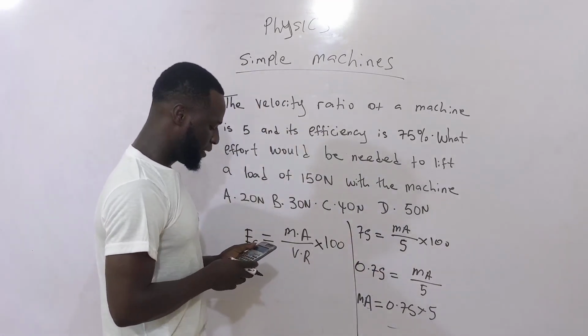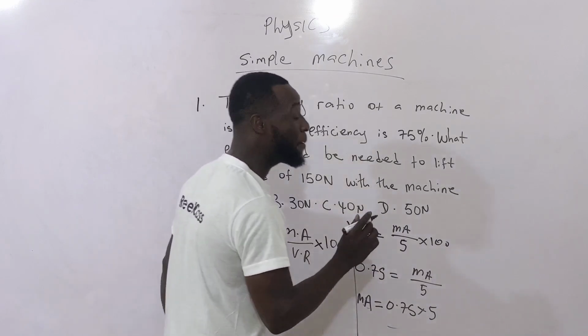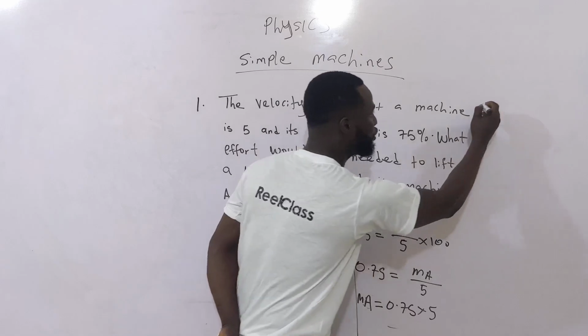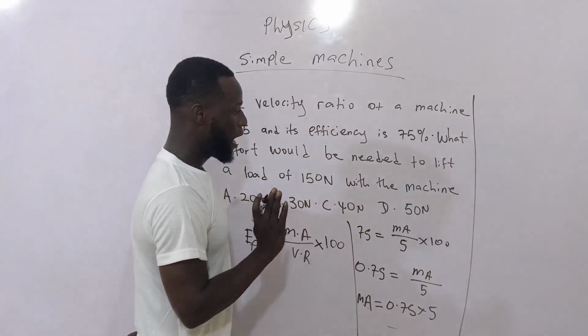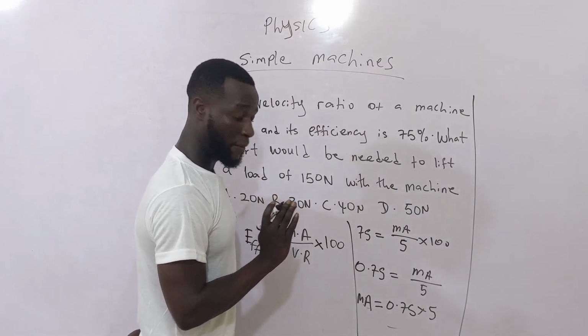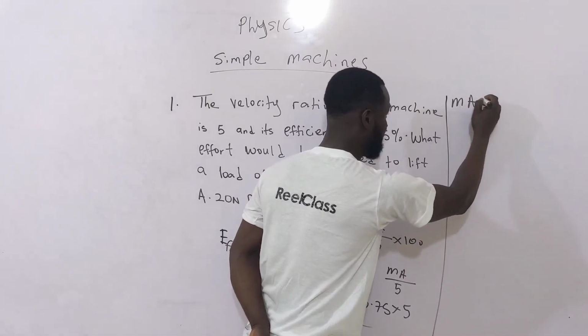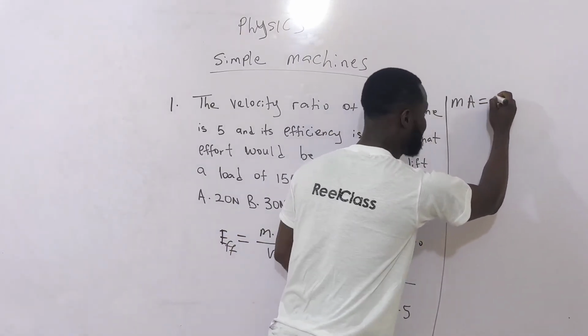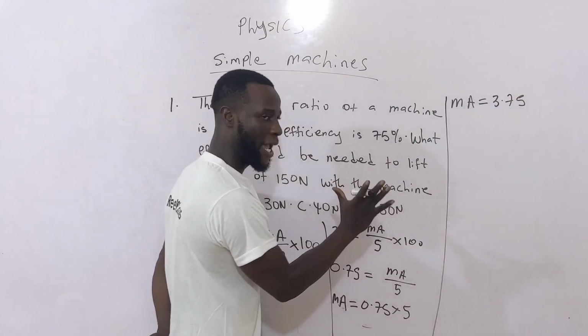Now, if we do 0.75 times 5, we are going to get 3.75. So, coming over to this side, I'm going to have MA is equal to 3.75. Now I know MA.